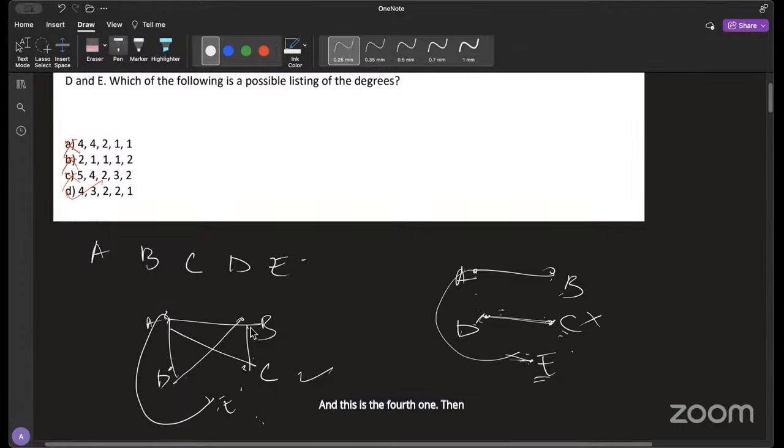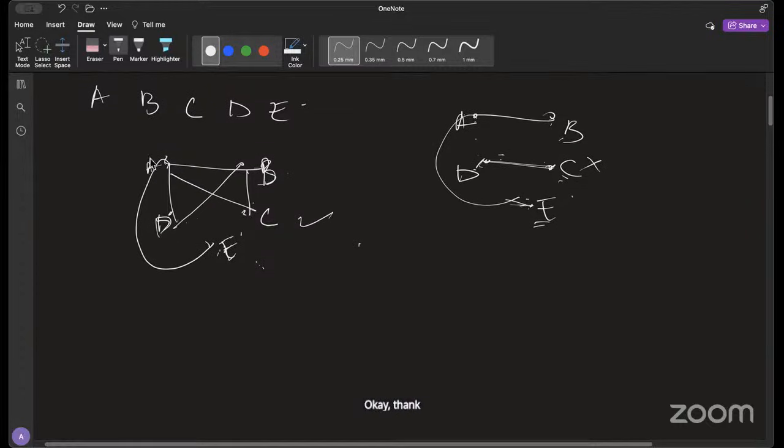Then B is supposed to have three, so 1, 2, and 3. C and D are each supposed to have two, so there are two from each. And E has only one. Okay, got it. I thought D is B. Sorry. Thank you. This is D, this is E, and this is B. Okay, thank you.